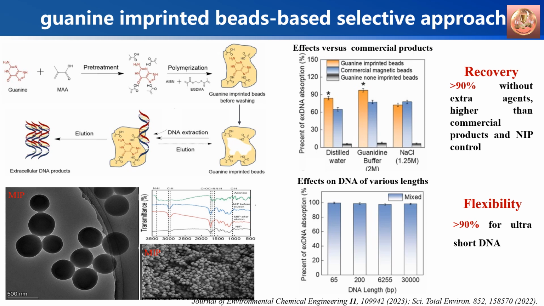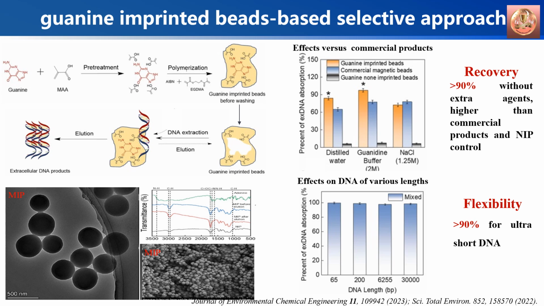So here we use the structure of DNA, the guanine, and we develop the guanine imprinted beads. This bead has a very high recovery efficiency, higher than 90% without extra agents on DNA extraction. So it is higher than commercial products and the control.